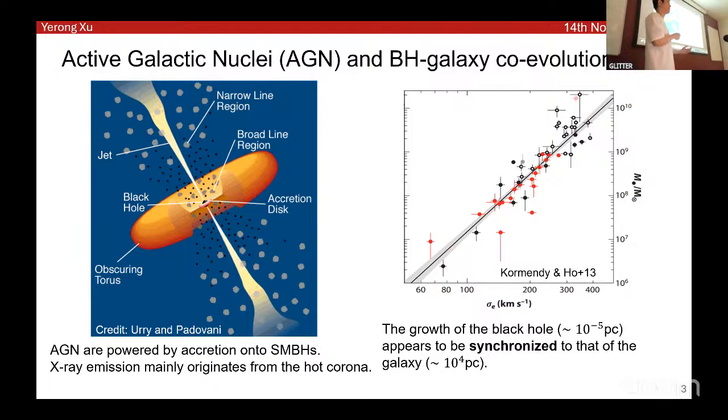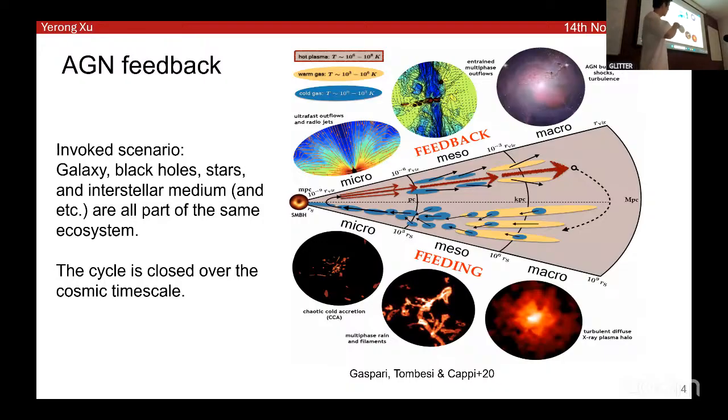The mechanism called AGN feedback was proposed to explain it. The idea is like in this picture: starting from the very inner region, the supermassive black hole drives outflows on micro, meso, and macro scales, from the central engine to the host galaxy and then into the interstellar medium, and then these materials could also go back for feeding.